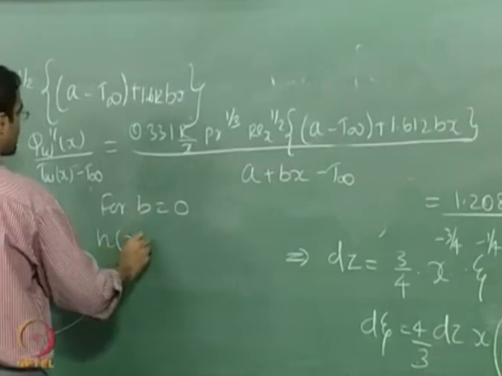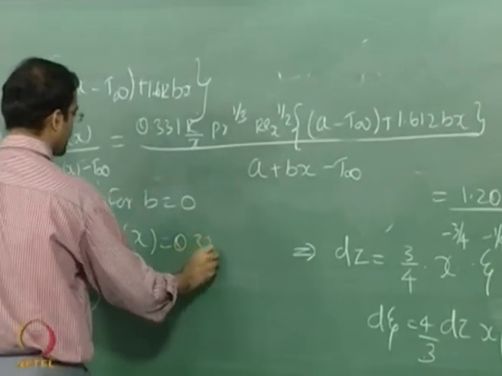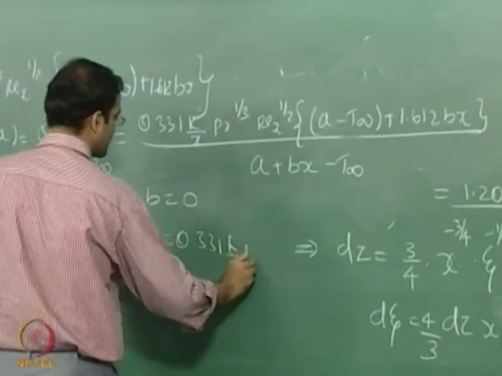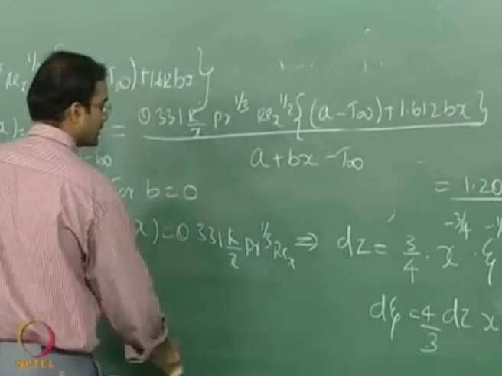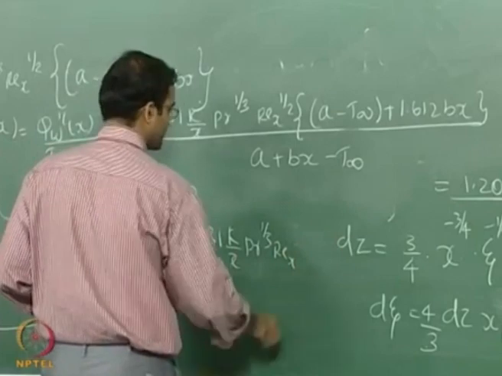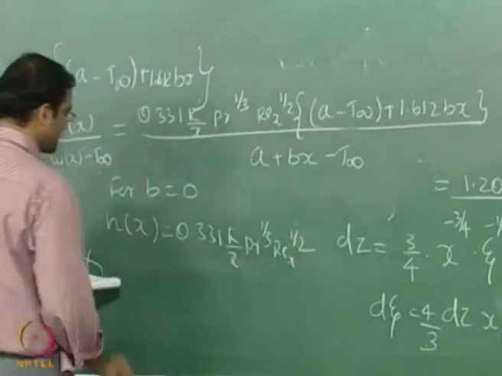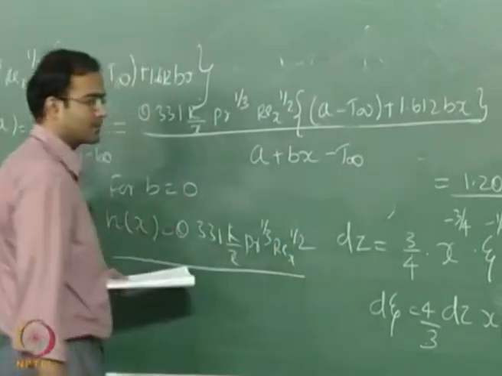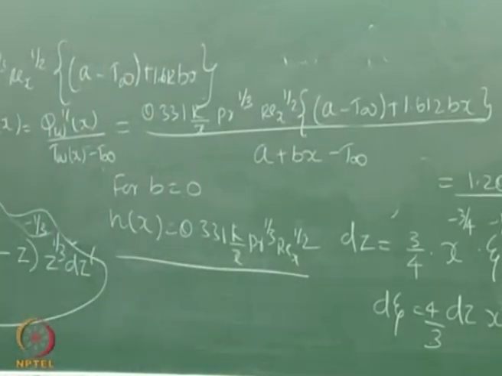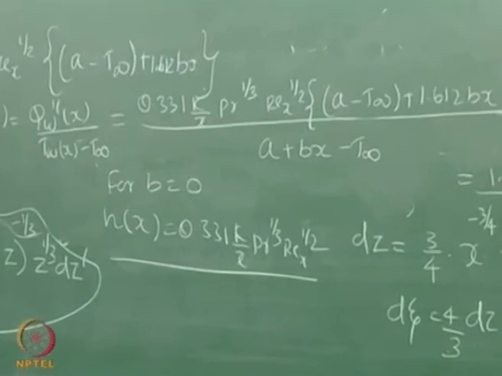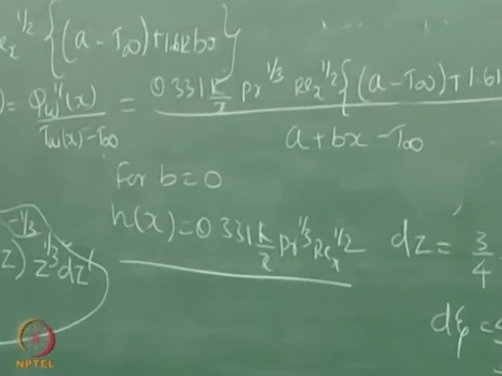So constant wall temperature, that is 0.331 k by x Pr power 1 by 3 Rex power half. So this is your constant wall temperature boundary condition. For the limiting case where B equal to 0, you retrieve your constant wall temperature heat transfer coefficient.